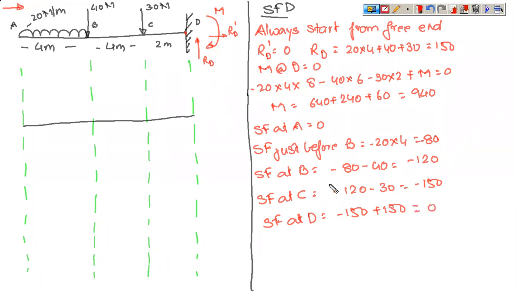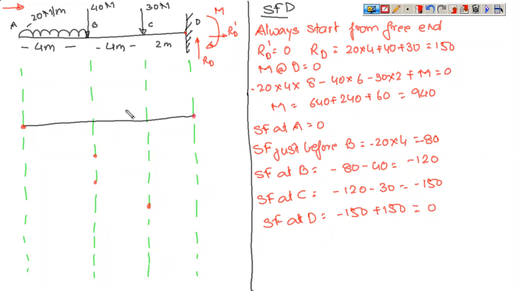So now let us plot the points. SF at A is 0, SF just before B is minus 80, SF at B is minus 120, SF at C is minus 150, SF at D is 0.